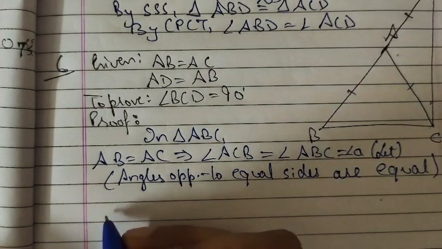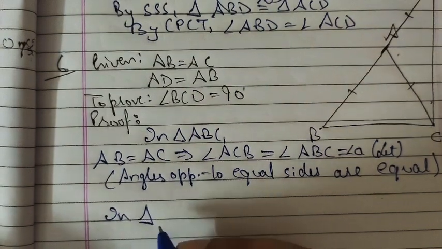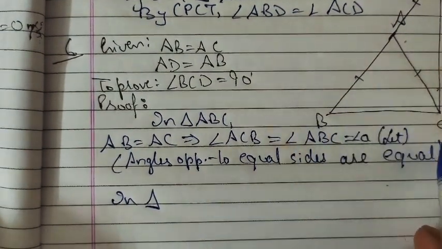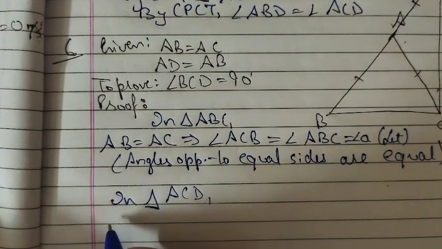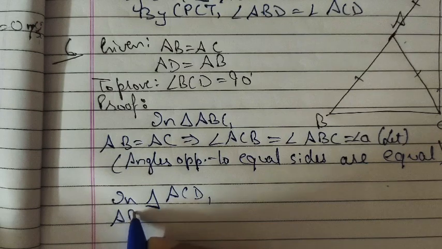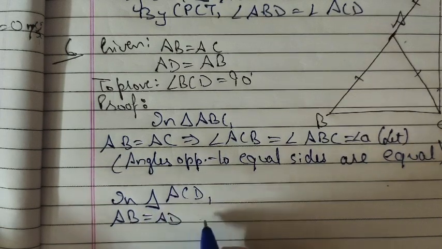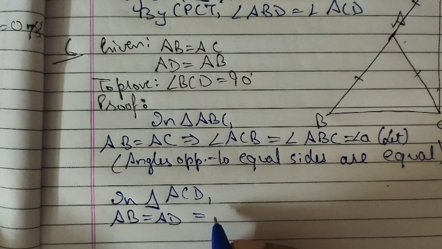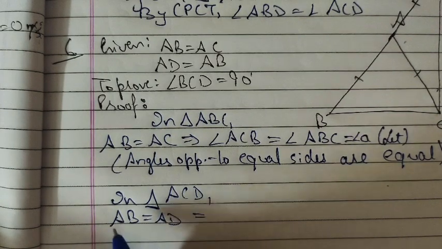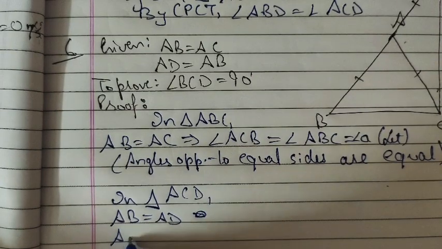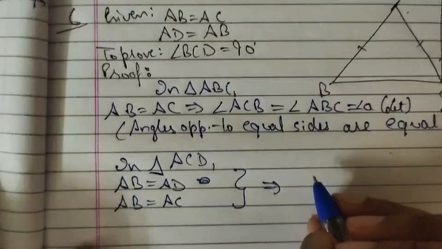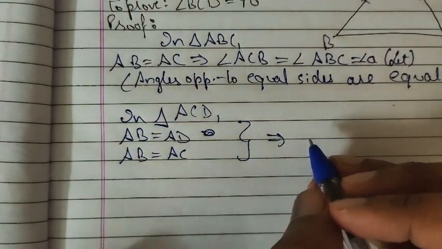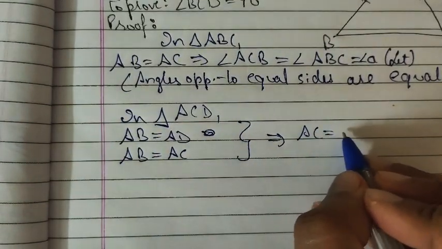Similarly, in triangle ACD, we know that AB is equal to AD, it is given, and AB is equal to AC. So using these two, we can say if AB is equal to AD and AB is equal to AC, this implies AC will be equal to AD.